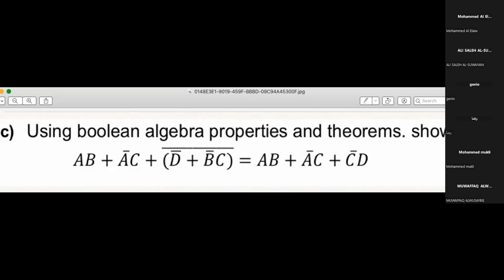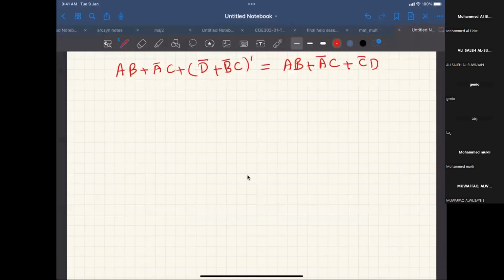You can start with whichever side you like, but I think it's easier for me to start with the left-hand side. So we have to prove this. The left-hand side is going to be equal to, first of all, apply De Morgan's law.